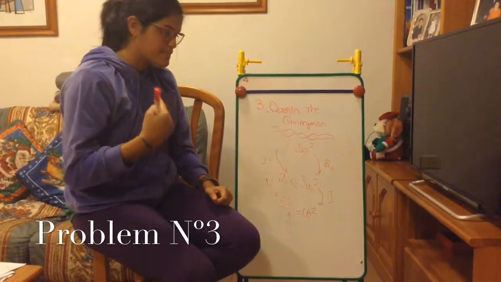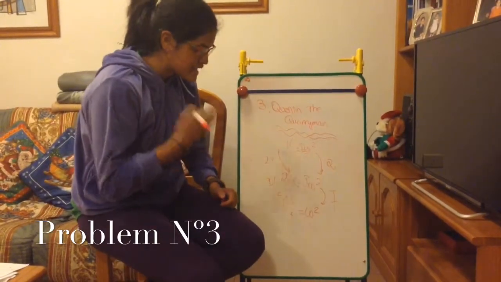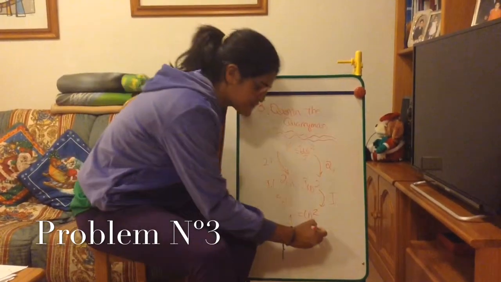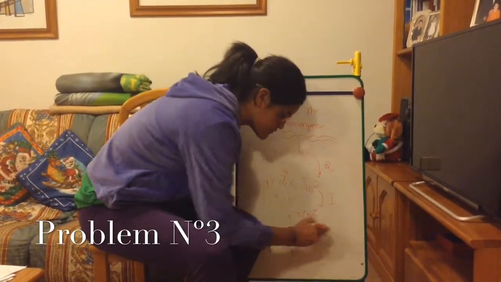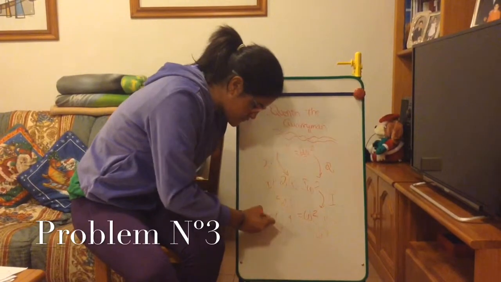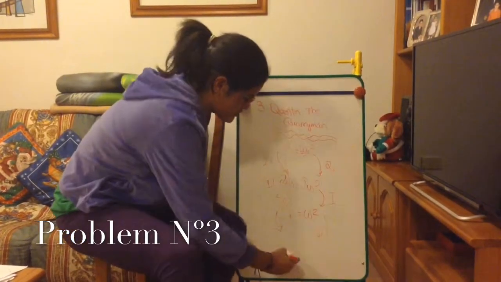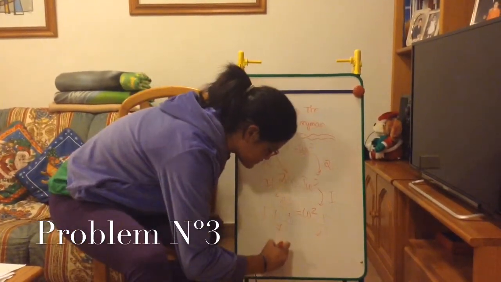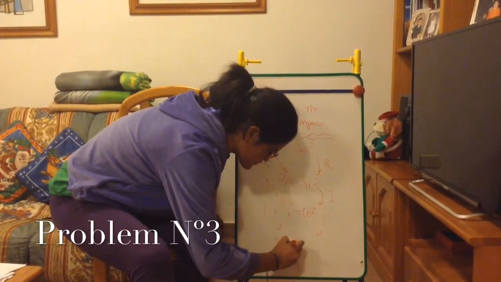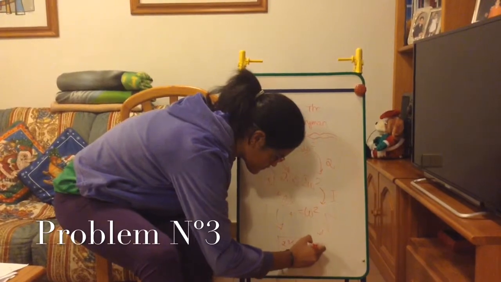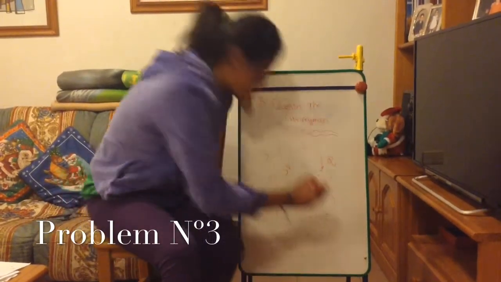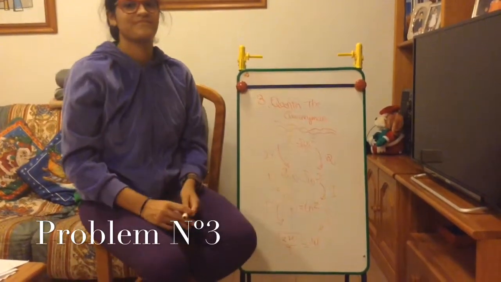So we have to take the square root of W squared. And this is the equation.